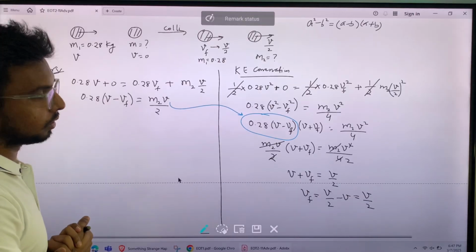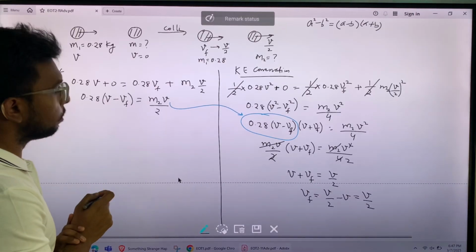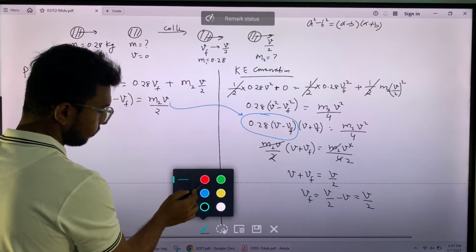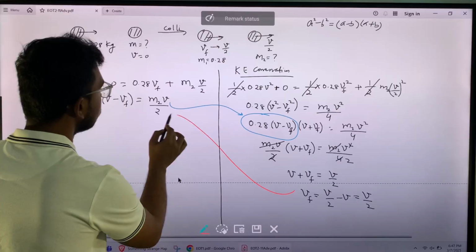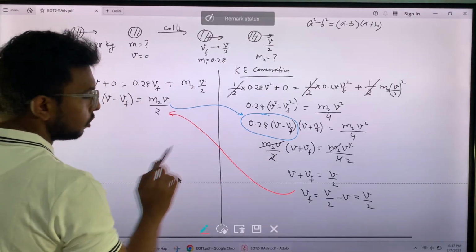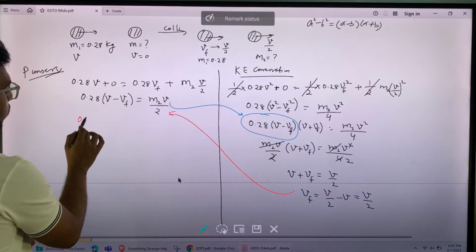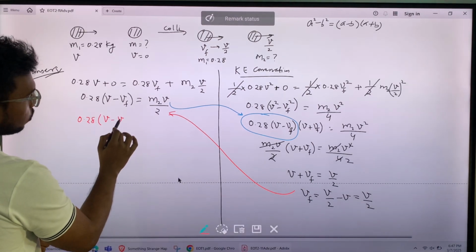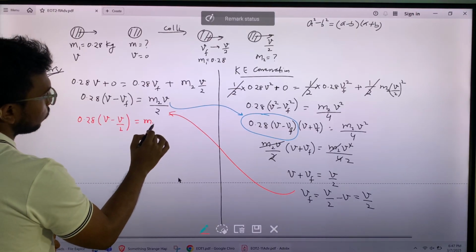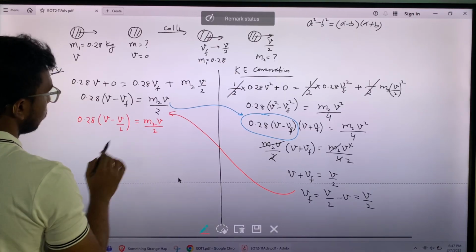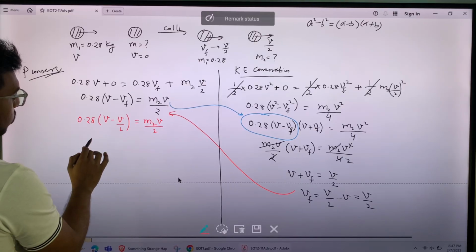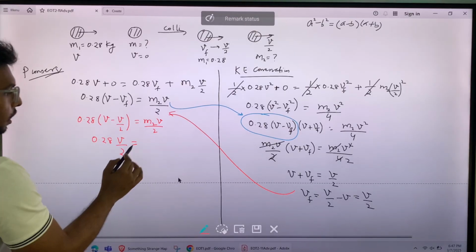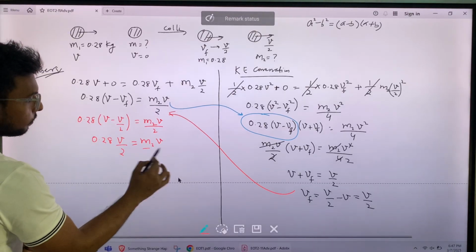Now we need to find the mass as well. So if we need to find out the mass, Vf is equal to v by 2. So I can place this back in any of the equations. I'll place it back here. Vf is equal to v by 2. So I can write 0.28 times (v minus Vf, which is v by 2) equal to m2 v by 2. So this becomes v minus v by 2, which is v by 2. So 0.28 v by 2 is equal to m2 v by 2.